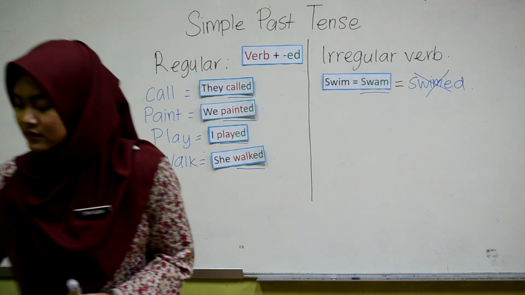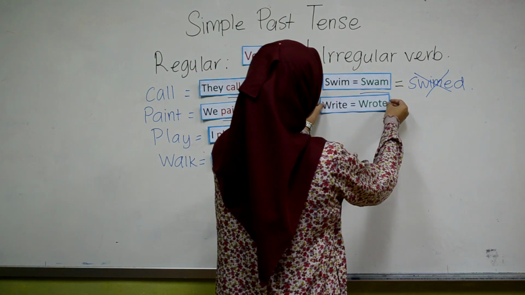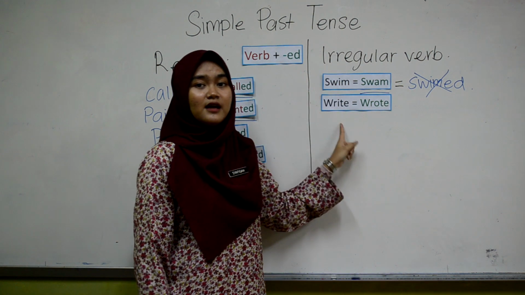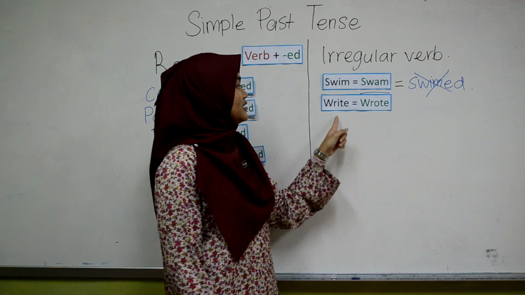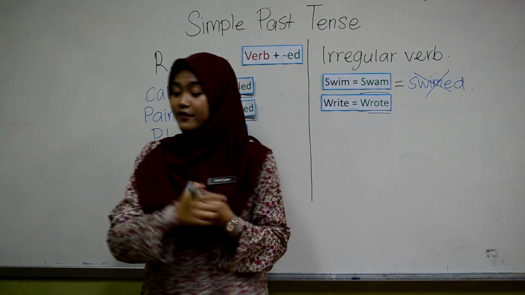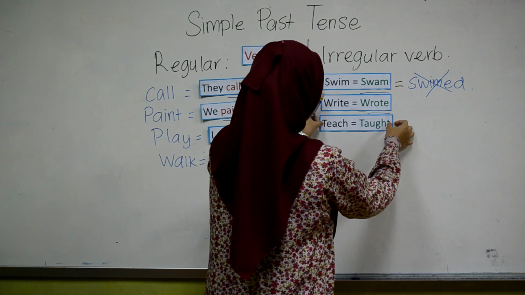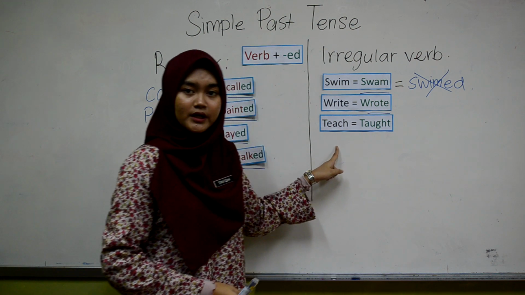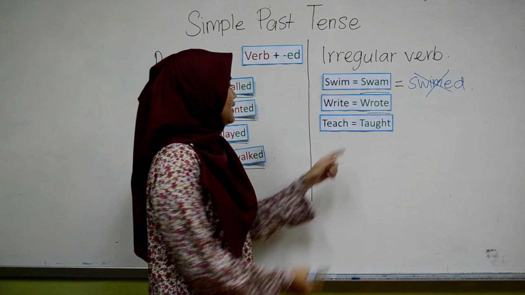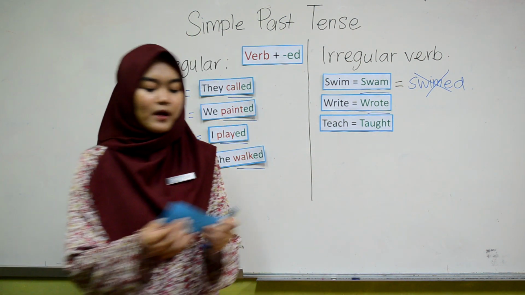The second example that I want to show you is write. It is not writed, but it changes to wrote. Third example is teach. Teach is the root word, and when changed to past tense form, it becomes taught. How about eat?